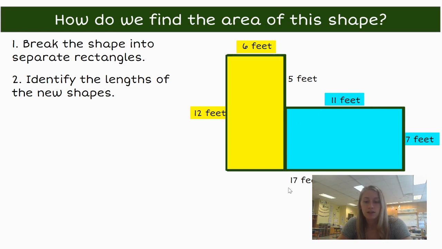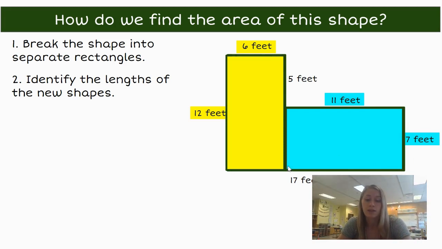Now, if you notice down here, 17 feet, you might have gotten confused thinking, well, this whole bottom is 17. Why isn't it 17 times 7? Well, you need to remember that we split up the rectangle. 17 feet represents this entire bottom piece, but we are splitting it up.